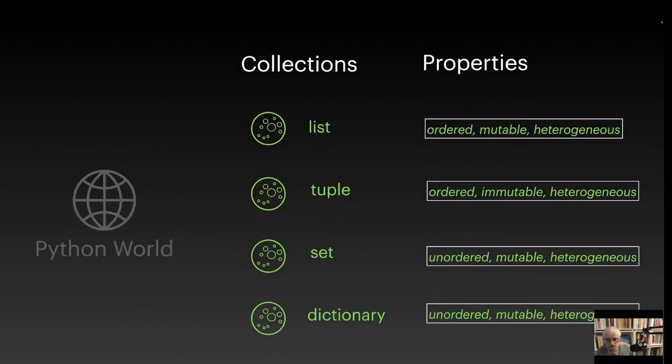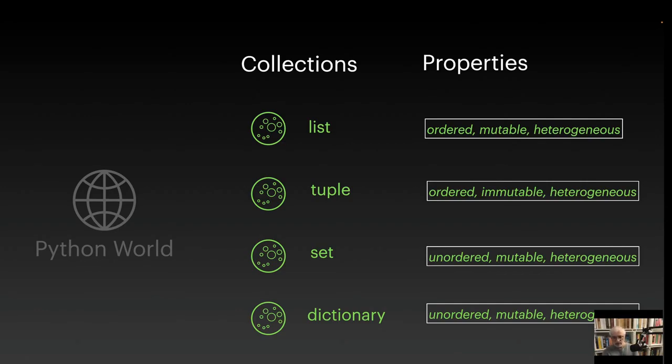Okay, now, one of the things that you're going to have to get your arms around is that these collections have a set of properties. And there are three principal properties that you need to understand about collections. What are they?